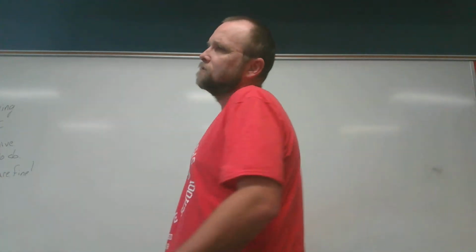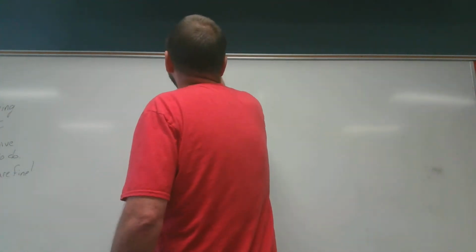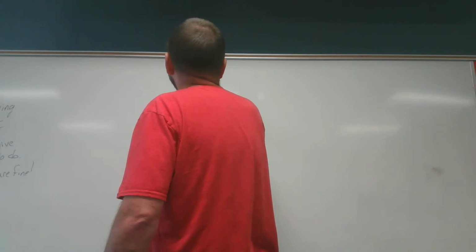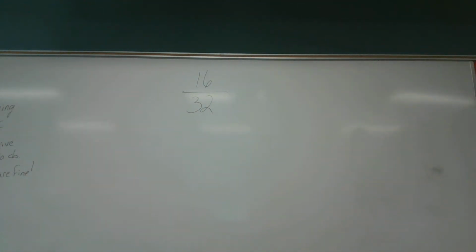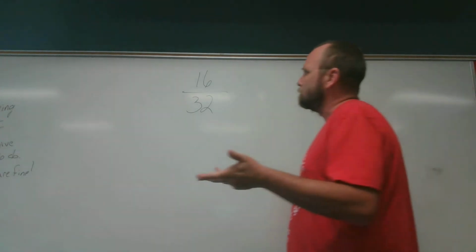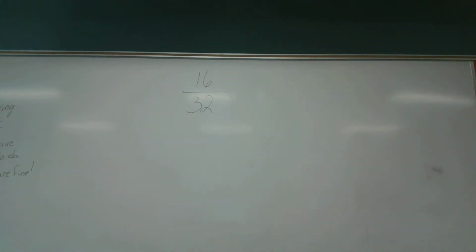So for example, let's take 16 over 32. If you paid attention or did any thinking about it, you probably could figure out the greatest common factor. But Brady, give me a factor of 16 and 32. 8.